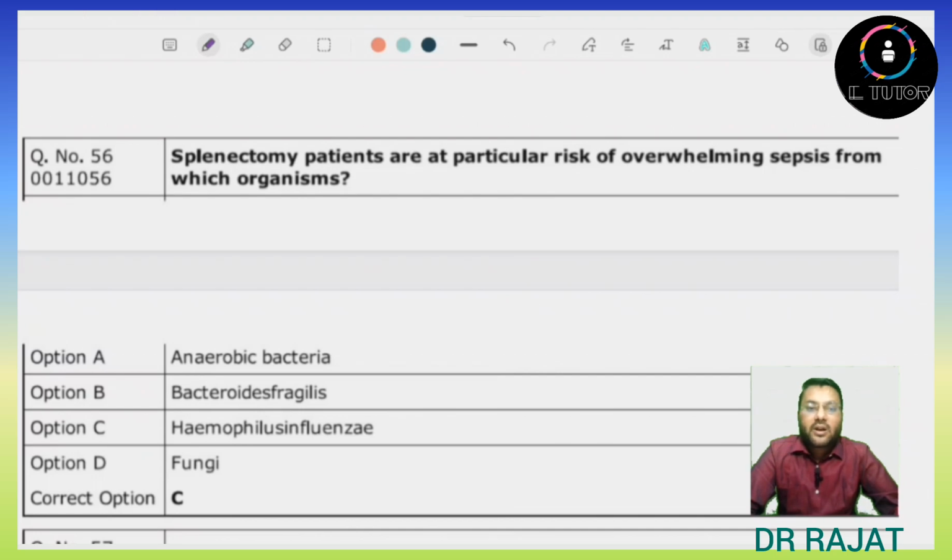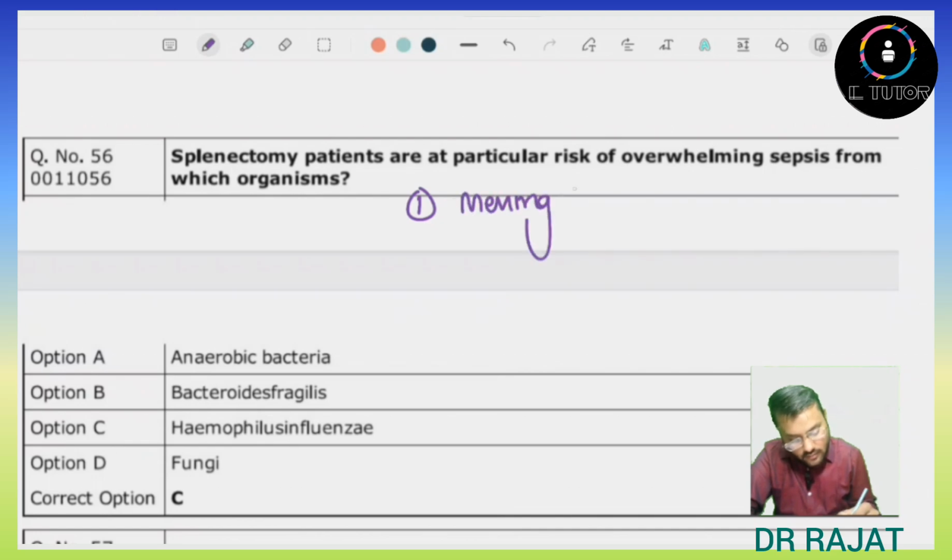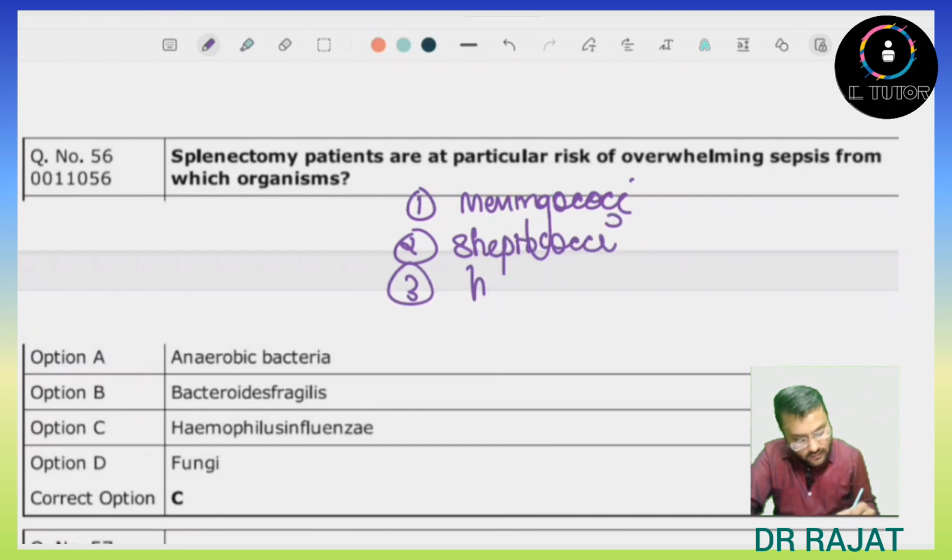Splenectomy patients are at particular risk of overwhelming sepsis from which organism? So after splenectomy, there is increased risk of infection from organisms such as meningococci, streptococci, and Haemophilus.